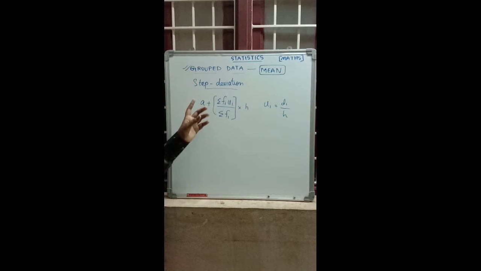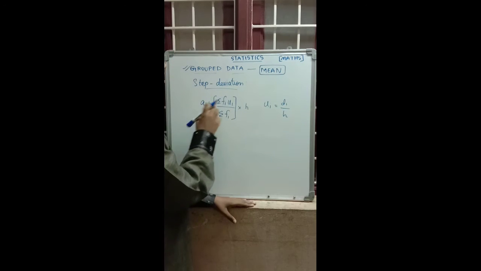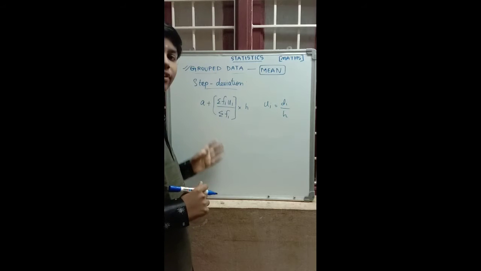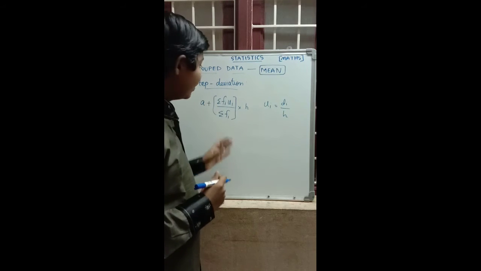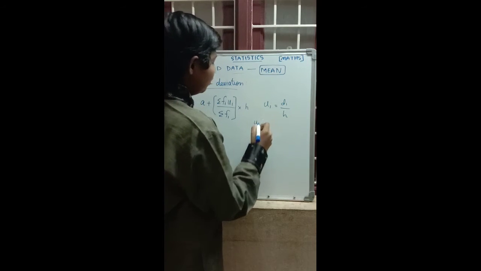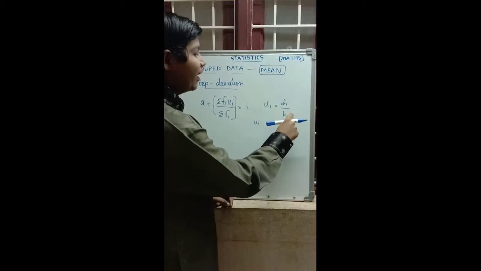Here a is assumed. We have to assume a number in the given data, that is a. Summation means we have to add all the terms. Fi means the frequencies in the given data. Ui is a term we use in the step deviation, where ui is di by h.